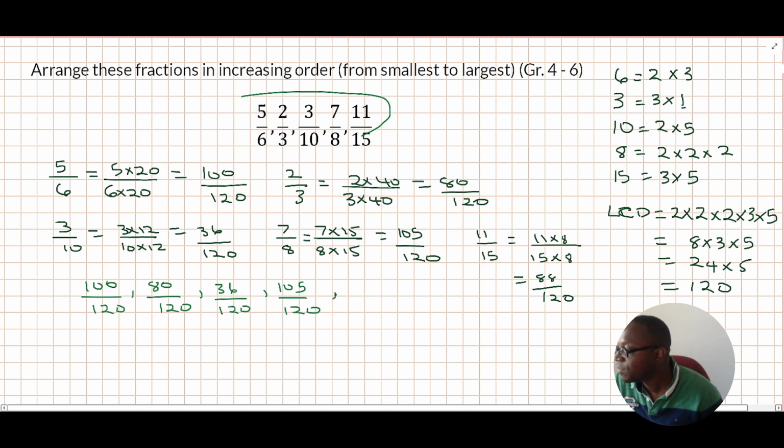And then 11 over 15 is 88 over 120. So now we want to arrange them from the smallest all the way to the largest.